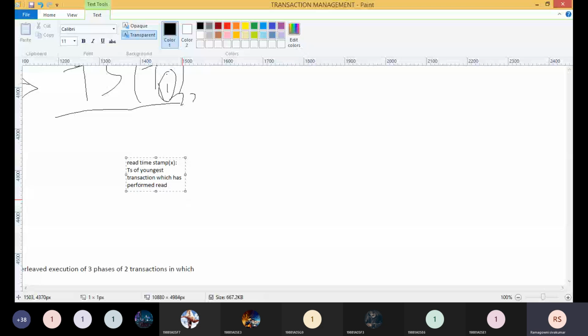What is the meaning of read timestamp of X? The timestamp of the youngest transaction which has performed a read operation. Youngest means latest.